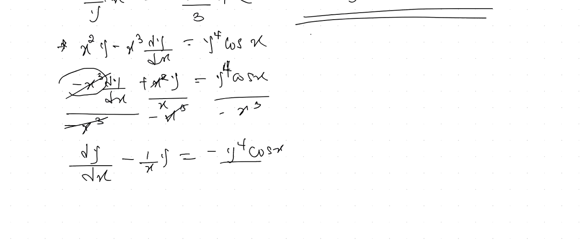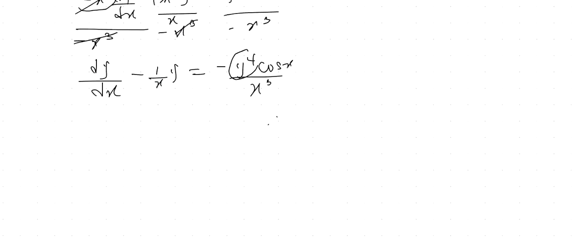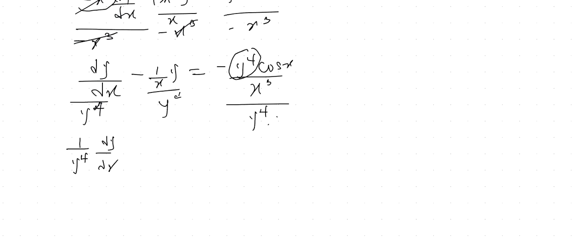Now, at this point, you have to eliminate this one from here too. So what do you do? You divide by y raised to the power of 4. This will give you 1 over y raised to the power of 4 dy dx. Then this is minus 1 over x multiplied by y raised to the power of minus 3, if you use the law of indices.